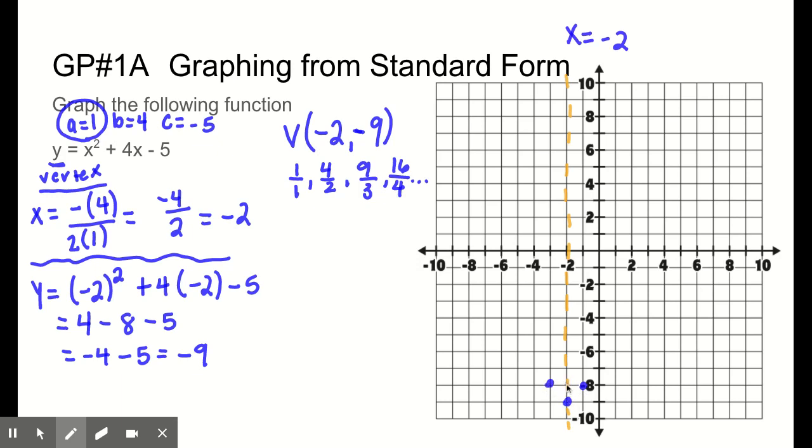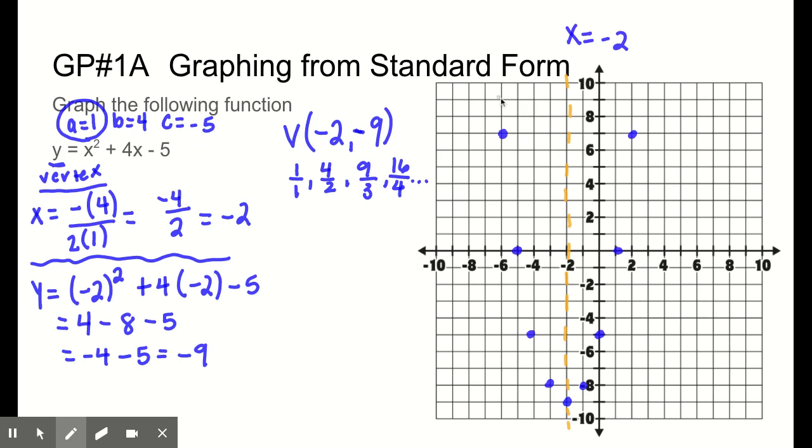Back to the vertex, up 4, over 2 in both directions. Back to the vertex, up 9, over 3 in both directions. Back to the vertex, up 16 and over 4 in both directions.